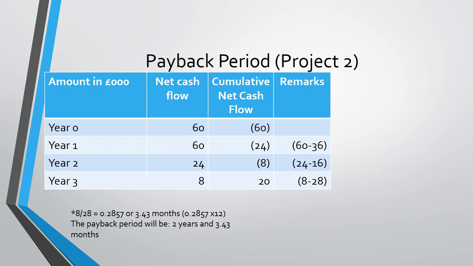Then on year 3, you already recovered, okay? So 2 years already recovered plus a remainder. So we calculated that one, 8 divided by 28, because 28 is the last cash flow. So it will be around 3.43 months. So it means that the payback period will be 2 years and 3.43 months, or 3.5 months.